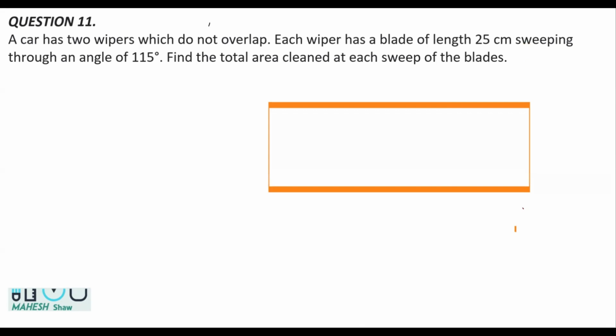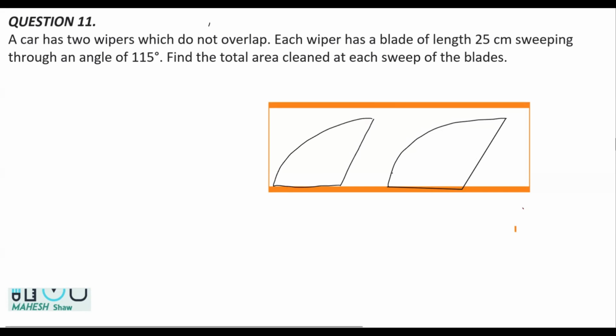And let's say this is the wiper here, and it is sweeping through an area, and clearly it is sweeping through an area of this much, which should be the shape of a sector. This is the second wiper, and this is also sweeping an area like this.